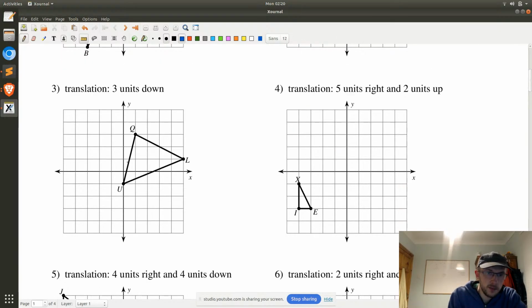Three units down. 5 units to the right, 2 units up.